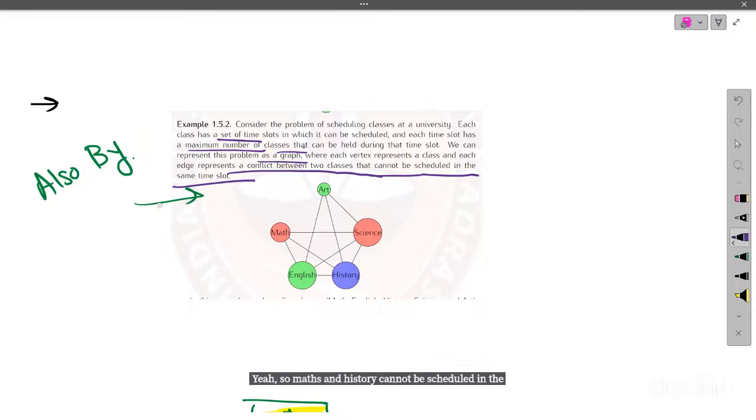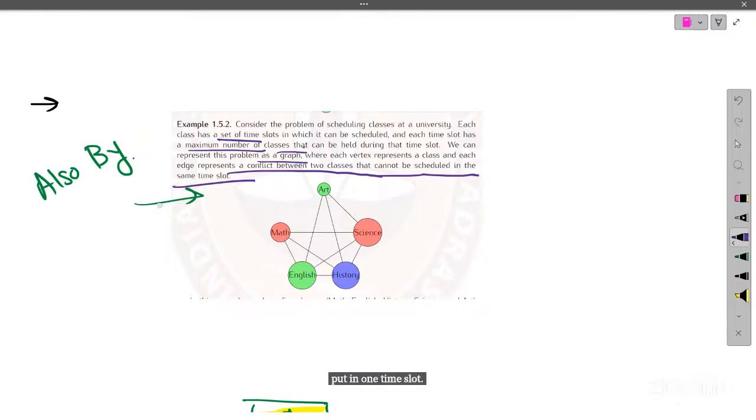But they have put math and history in time slot 1, and English and science in time slot 2. But English and science do share an edge. It means they have a conflict. Only maths and arts can be put in one time slot.